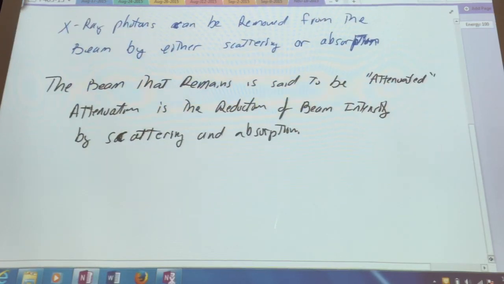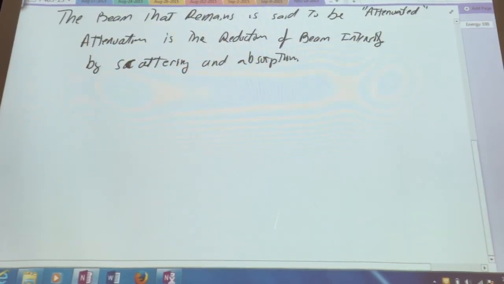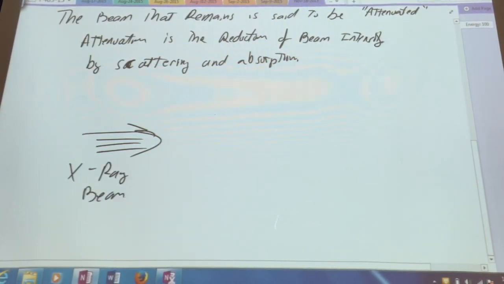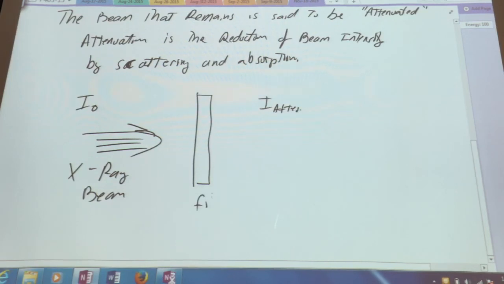All right. So now the game is, we have some X-ray beam with some initial intensity, and then we have some filter.